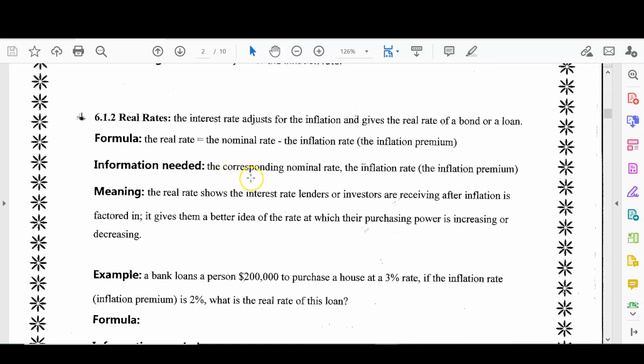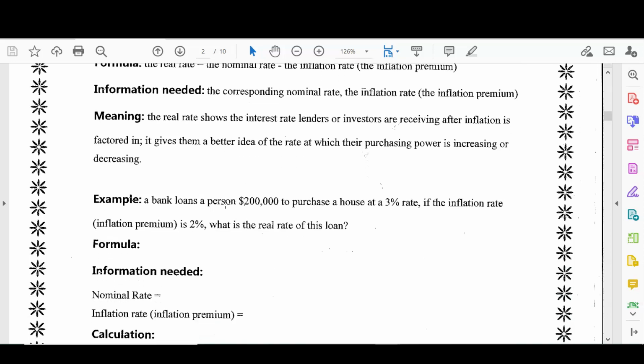The corresponding nominal rate and inflation rate are needed in order to calculate the real rate. The real rate shows the interest rate lenders or investors are receiving after inflation is factored in. It gives them a better idea of the rate at which their purchasing power is increasing or decreasing.